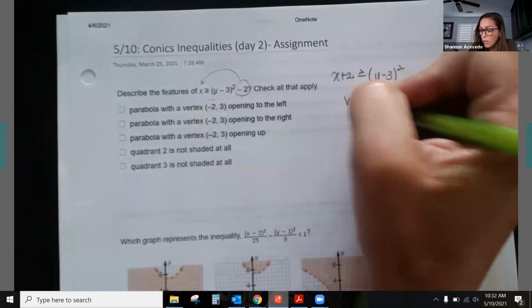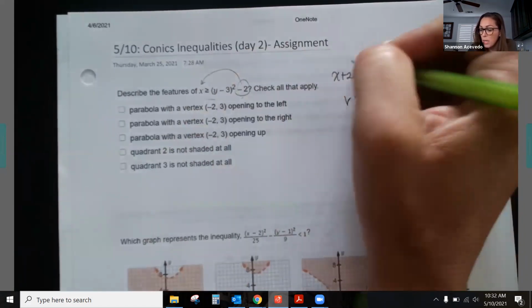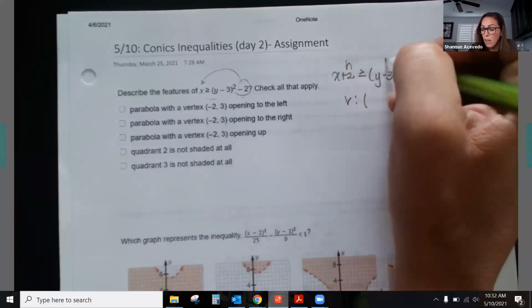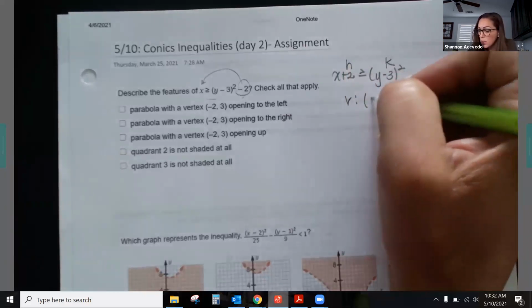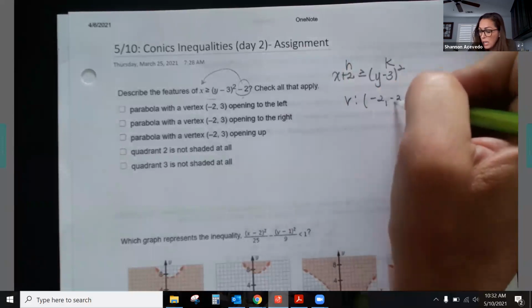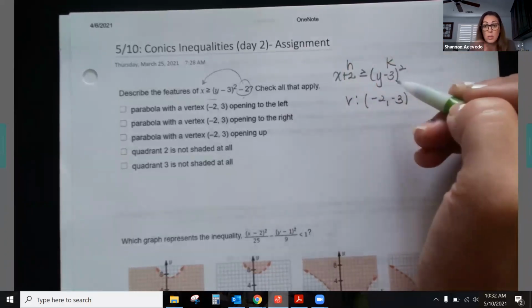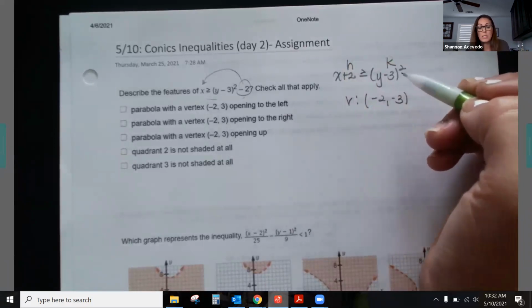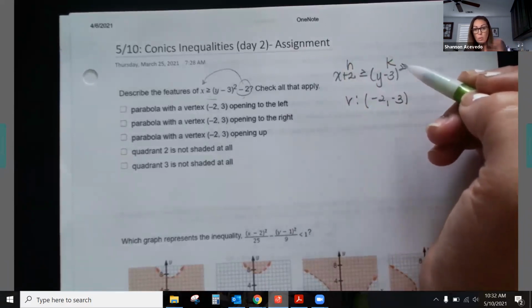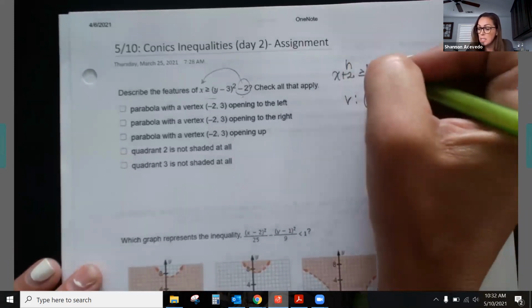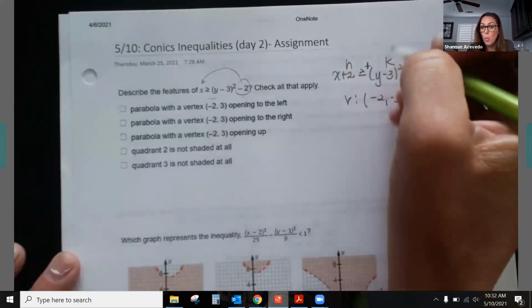When I talk about my vertex for this parabola, this is my h because it's with the x value, and the k is always with the y. It's an x greater than, and my y is what's being squared. Since the y is being squared, it's going to open left or right, since this is a positive y squared.